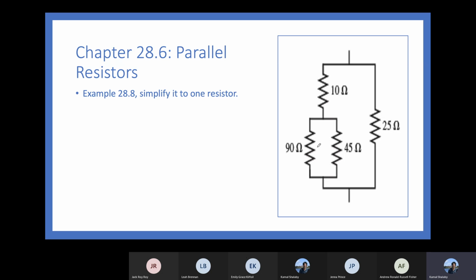Let's call this R1, this is R2, let's call this R3, and this is R4. So how can we find the total resistance by combining all those four resistors?